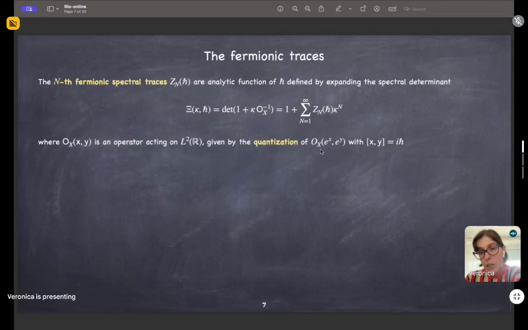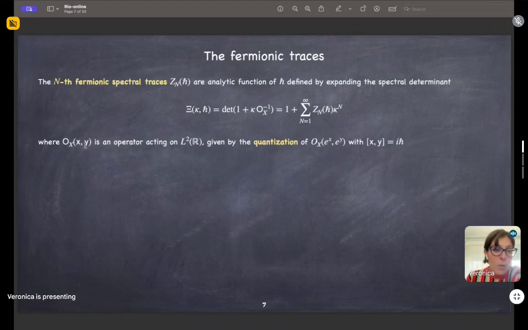So in particular, if you start with a curve which was defined by the function O, you can quantize it, and this amounts to defining an operator that I will call O_X, written in a slightly different way, which acts on functions in L2 of R.